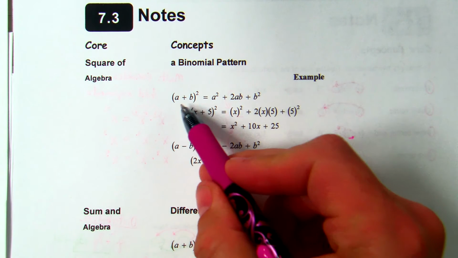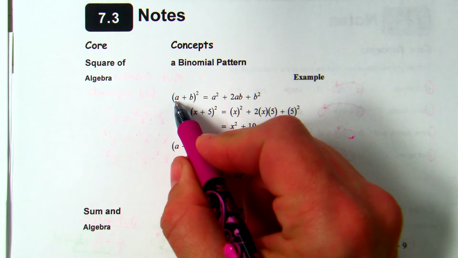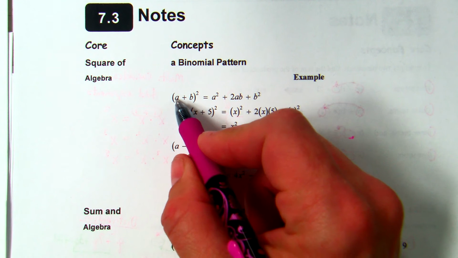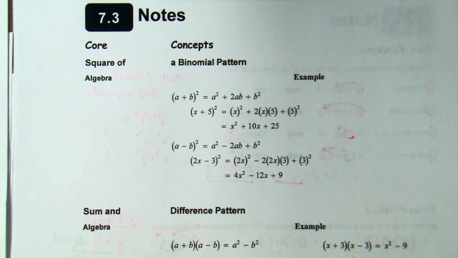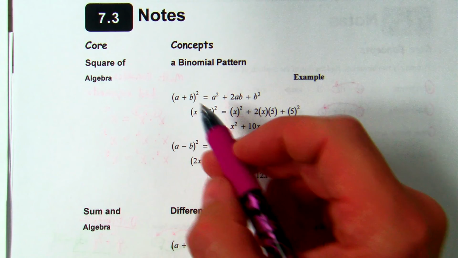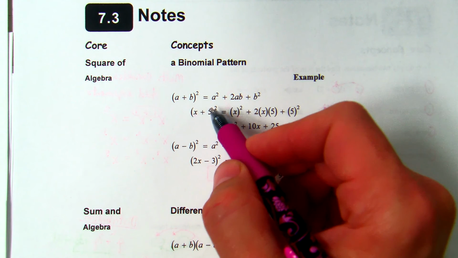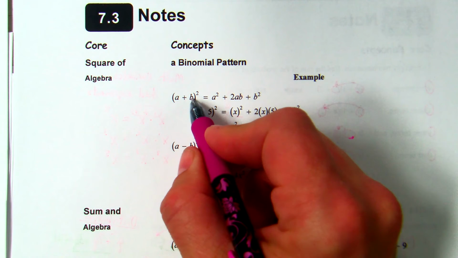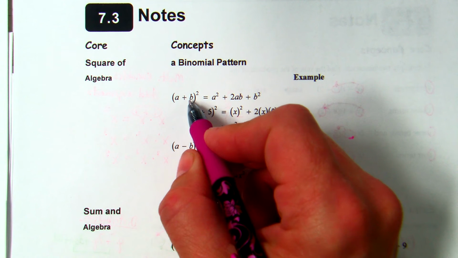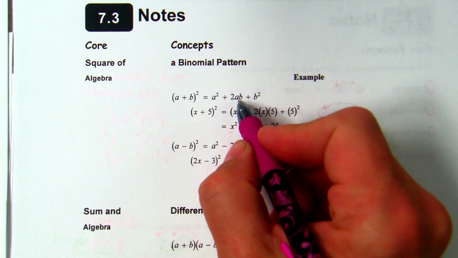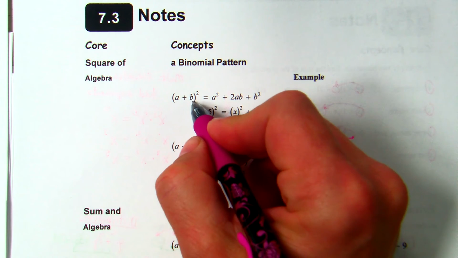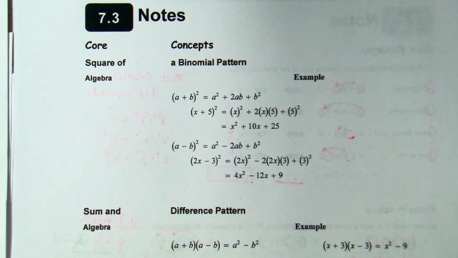But if you'll notice here, the way the pattern is going to work for multiplying a binomial times itself, you're going to square the first term, and that will be your first term in your answer. You're going to multiply the first and last terms times each other and double it, and that will be your middle term, and then you're going to square the last term, and that will be your last term in your final answer.